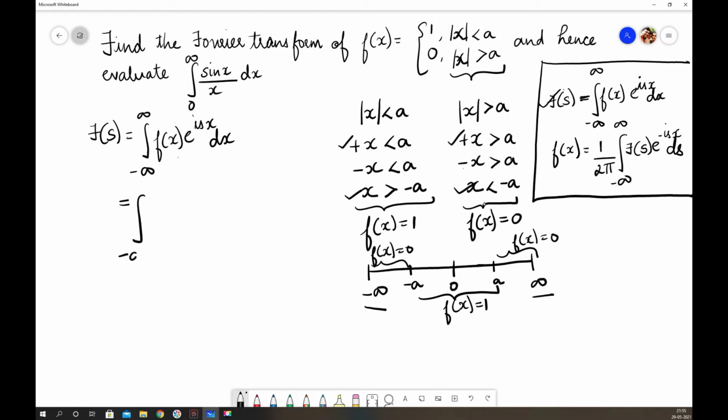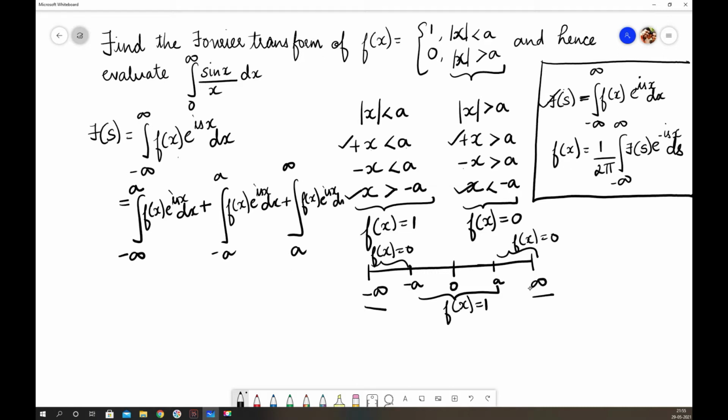I write it as the integral from minus infinity to minus a of f of x e power isx dx, plus the integral from minus a to a of f of x e power isx dx, plus the last part, a to infinity of f of x e power isx dx.